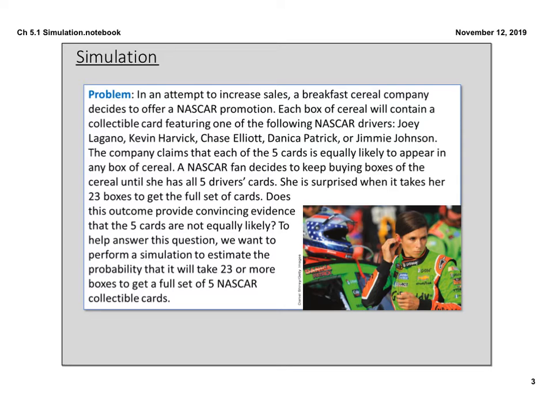And the NASCAR fan who wants to collect all the cards says, no, it's absolutely not, because it took me 23 boxes of cereal to get all 5 cards. That doesn't make sense. That's not saying that it's equally likely. So we perform a simulation of this trial and see if 23 boxes is too many, if it's out of the ordinary to need 23 boxes of cereal to get all 5 cards.